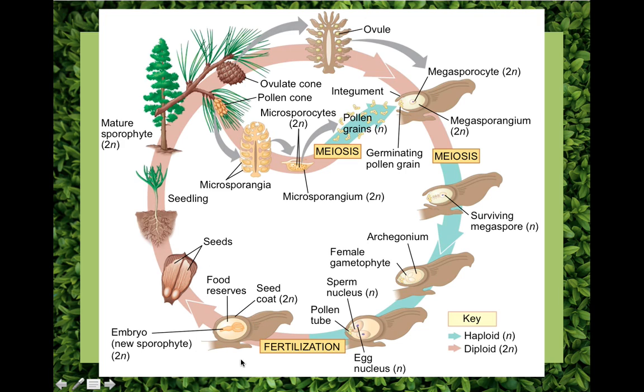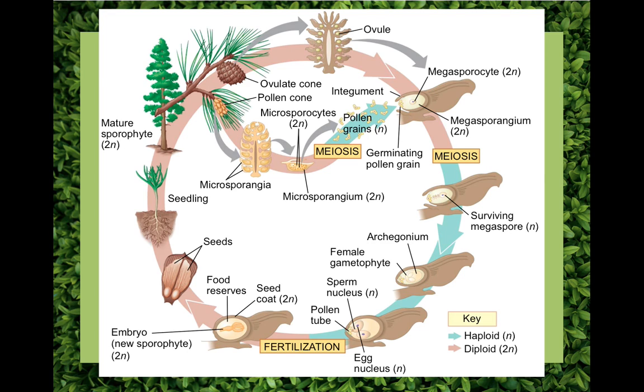And this whole complex here is what ends up becoming the seed. So we've got our baby in a lunchbox, our embryo, our lunch, and our box. So these are the seeds that will develop into new sporophytes.